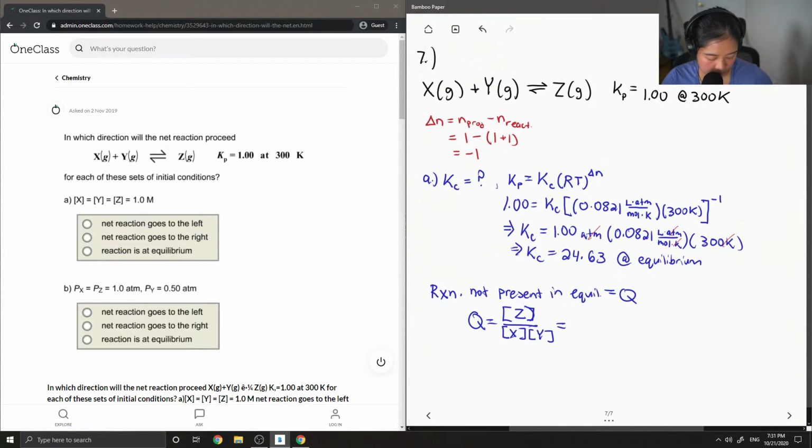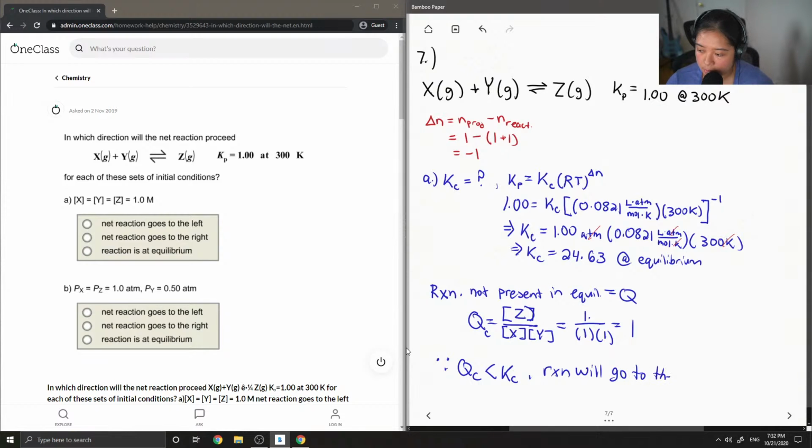So I'm just going to plug in the concentration values so they all equal 1. So this gives us a Q value of 1 for Qc. So since Qc is less than Kc, then that means the reaction will go to the right.